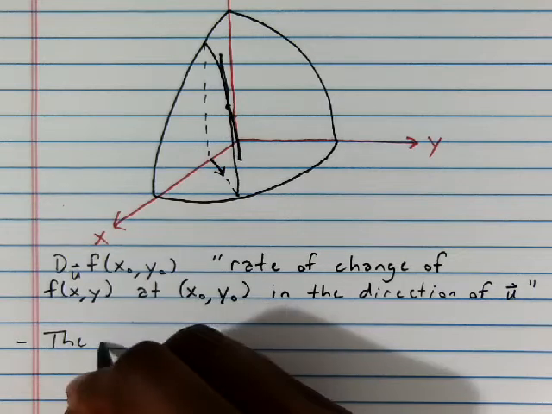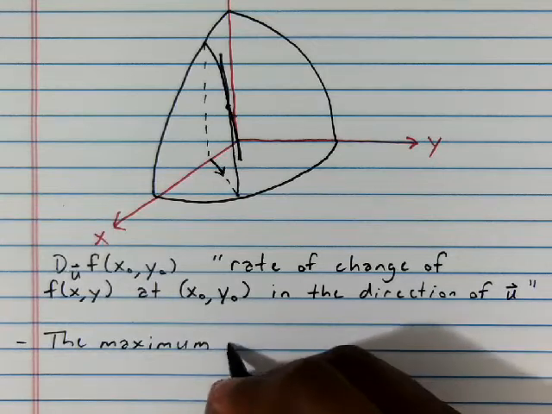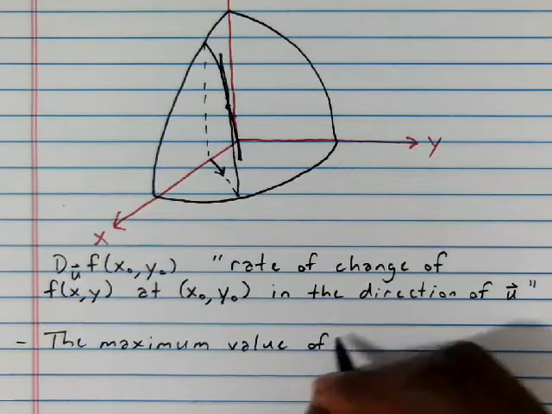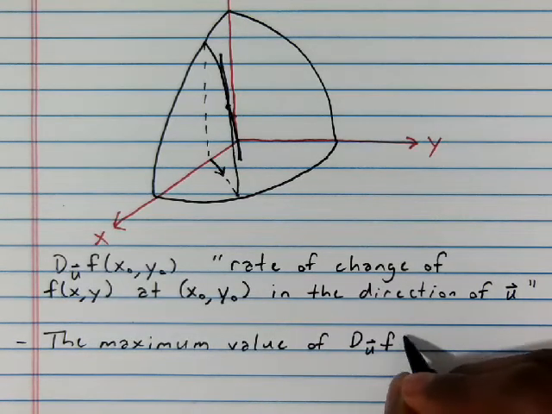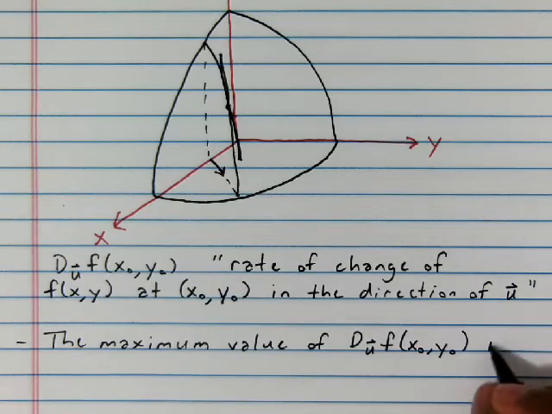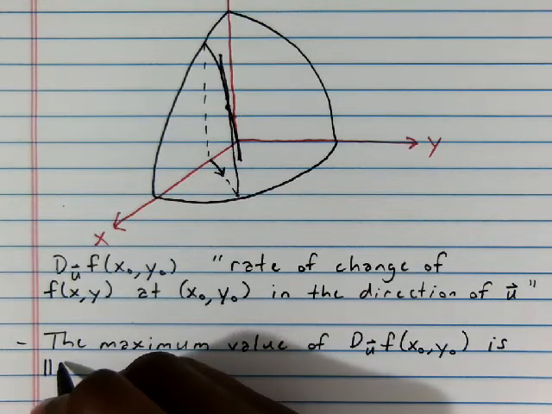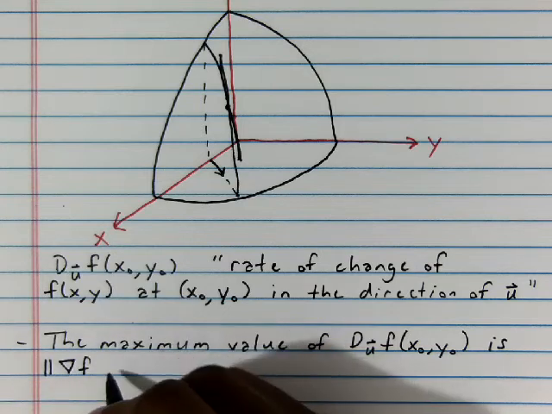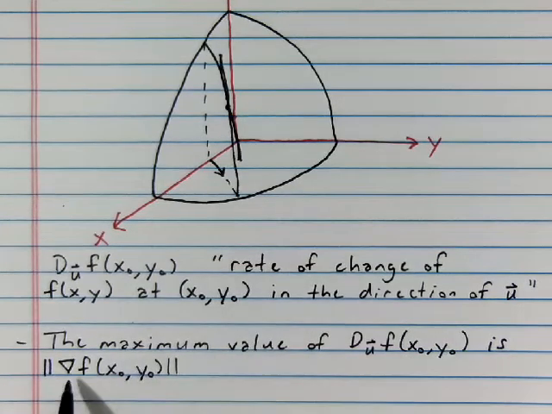So the maximum value of the directional derivative in the direction of u of f at x naught, y naught is the length of the vector, so the length of the gradient of f at x naught, y naught. So that's the maximum value that you're going to get for this.